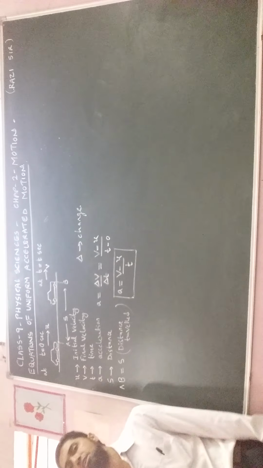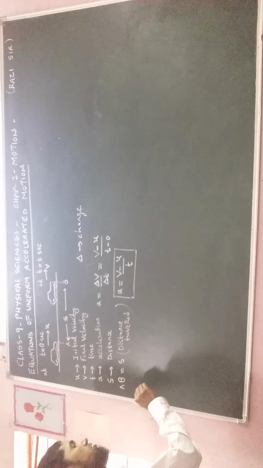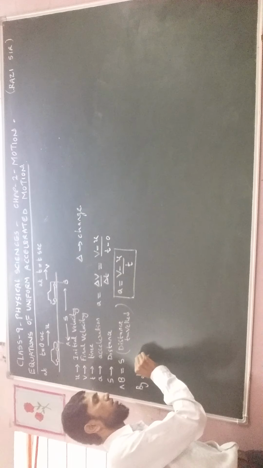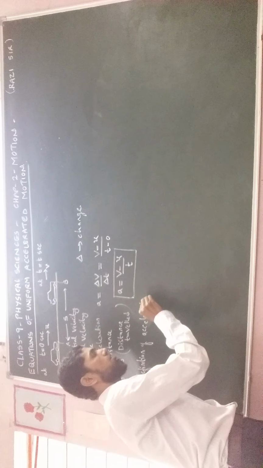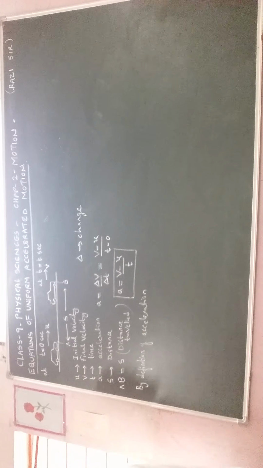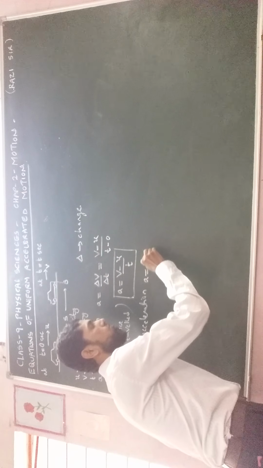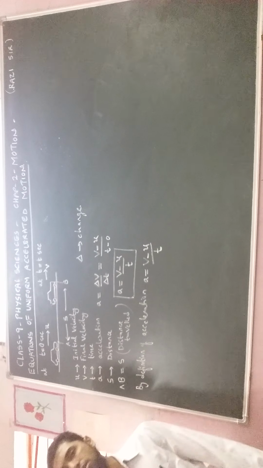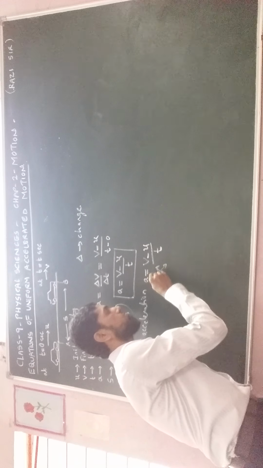Now to derive the first equation of motion, we take the definition of acceleration. By definition of acceleration, a equal to v minus u by t. Now we just cross multiply these values.